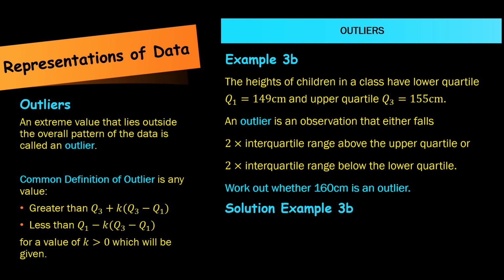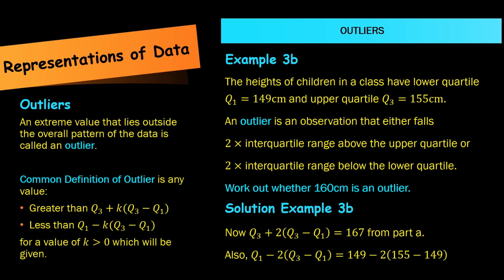And now let's ask ourselves whether 160 centimeters is an outlier. We know that the upper critical value is 167 from part A, and the lower critical value is Q1 minus 2 times Q3 minus Q1, with all the values of Q1 and Q3 input, as shown, to give us 137.